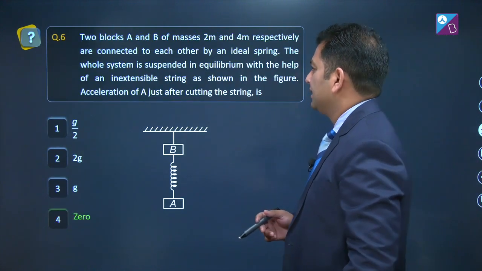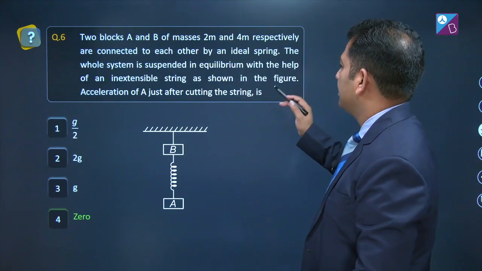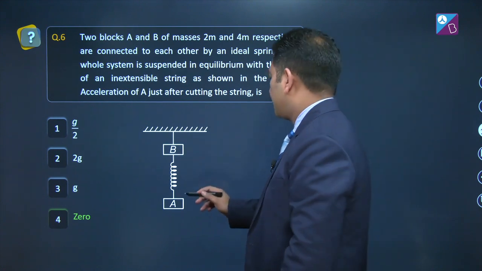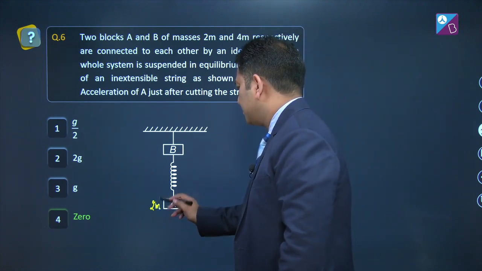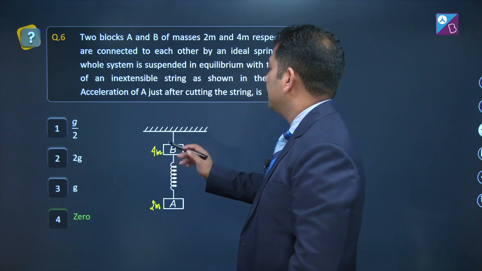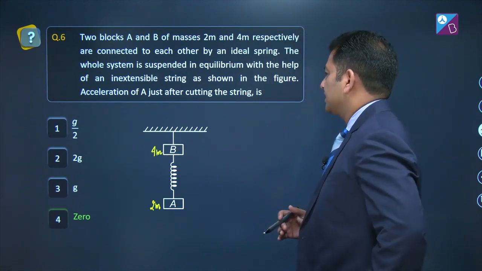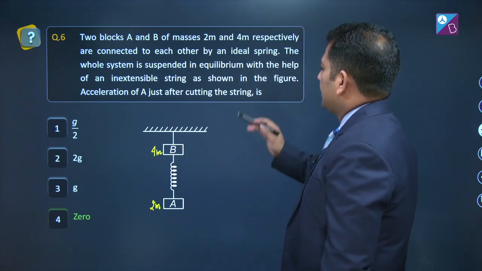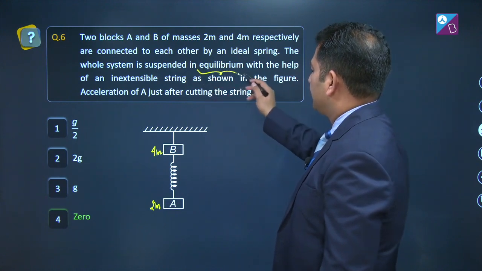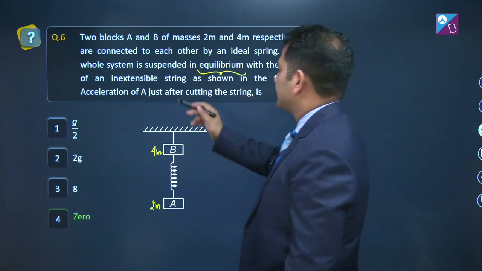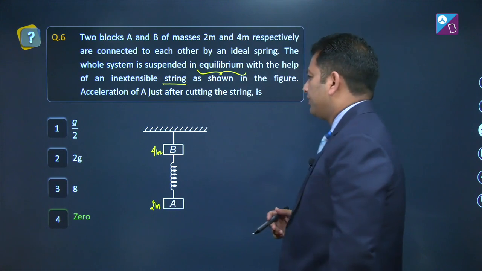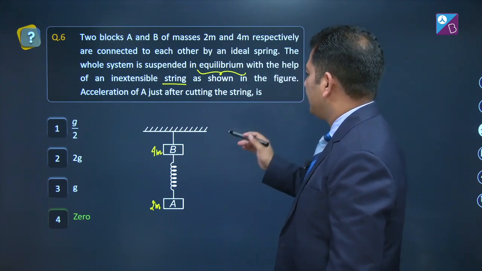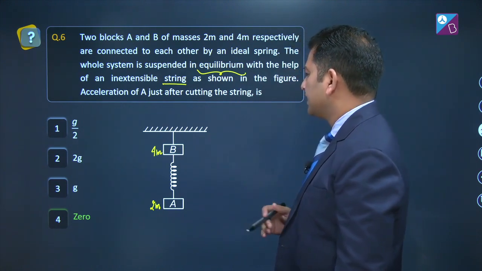Question number 6. Now let's say two blocks A and B of mass 2m and 4m, let me write it here, 2m and 4m, are connected to each other by an ideal spring. The whole system initially is in equilibrium with an inextensible string. We have to calculate the acceleration of A just after cutting this string.